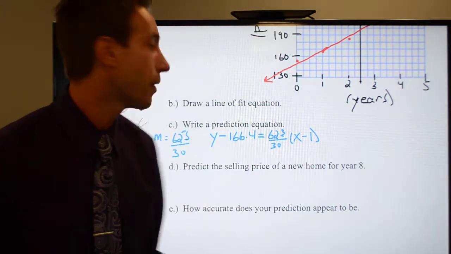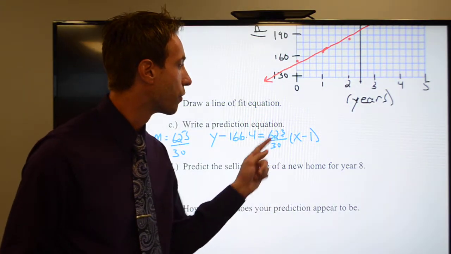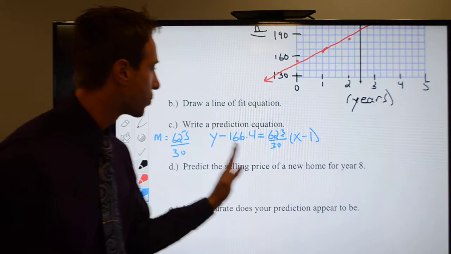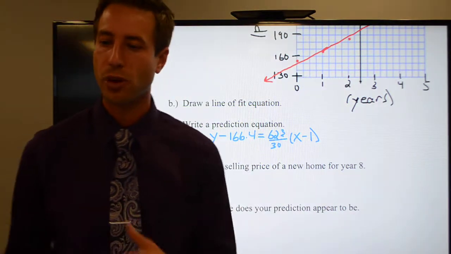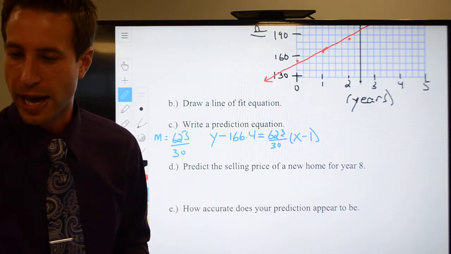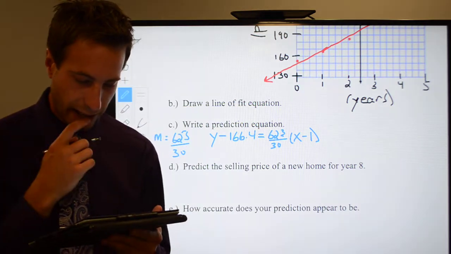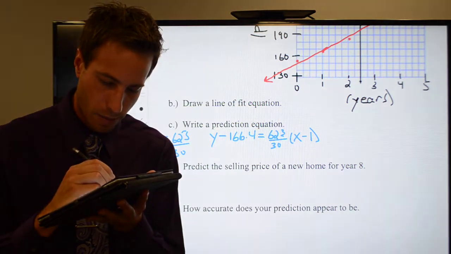Okay, what we need to do now is distribute the 623 over 30 through the parentheses. We'll add the 166.4 to the other side, and let's go ahead and see what this is going to look like. I'll rewrite this one more time before I do it.